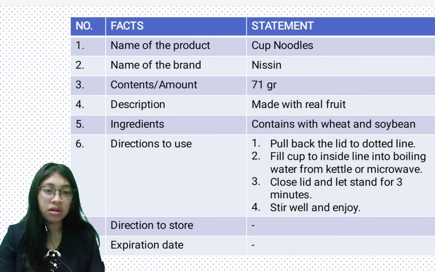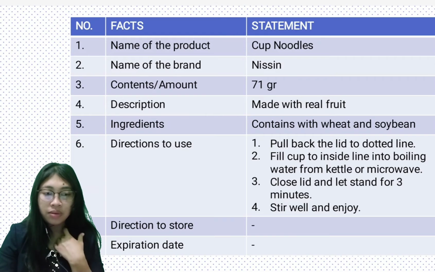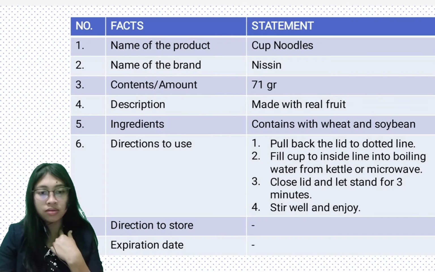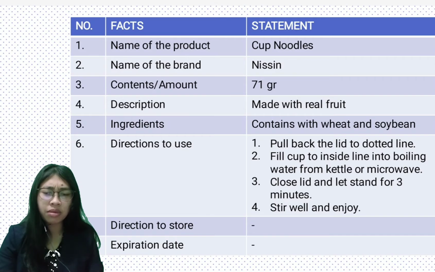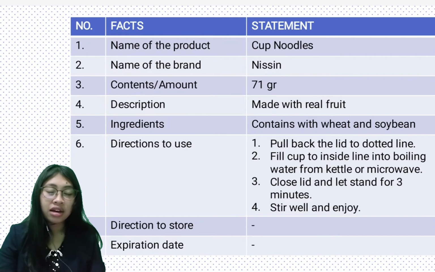It's available on the food label. The direction on how to store it is not included in the food label, and the expiry date in the food label is not explained clearly. But what time is the expiry date?